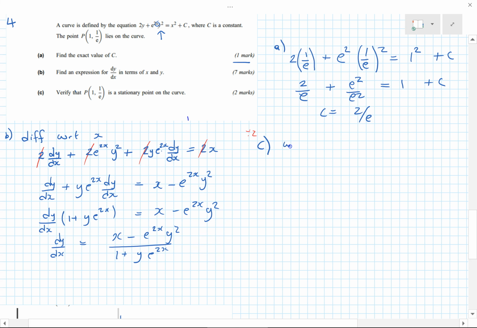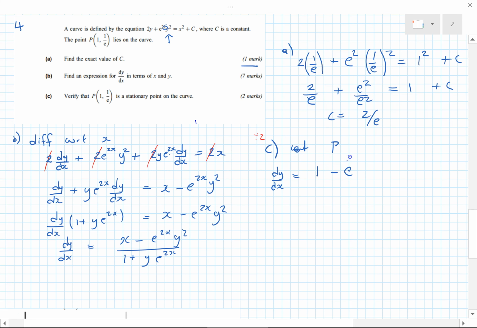So at P we have dy by dx equals 1 minus e to the 2 times 1 times 1 over e squared.